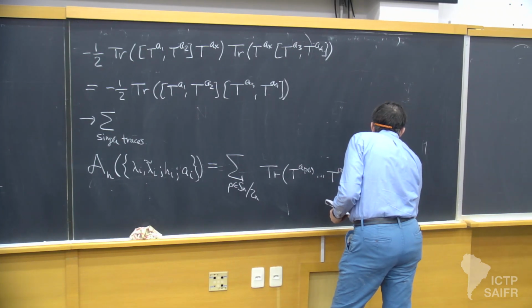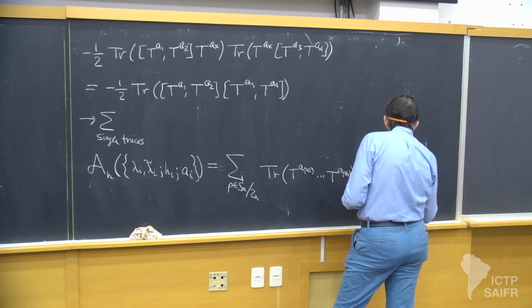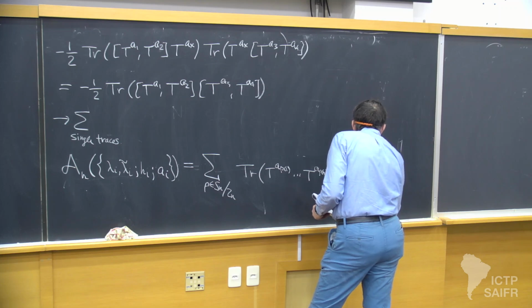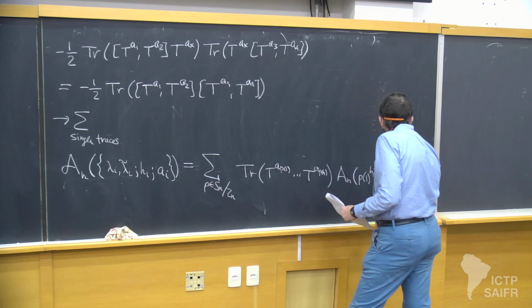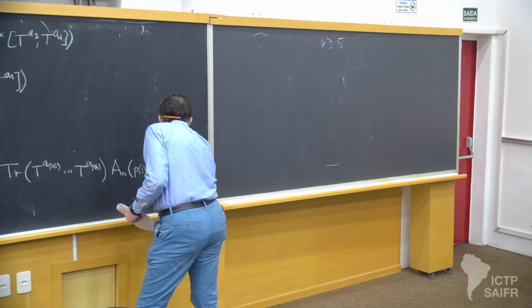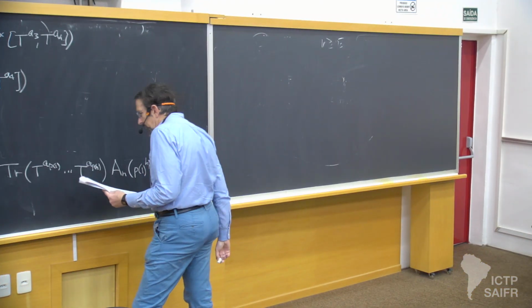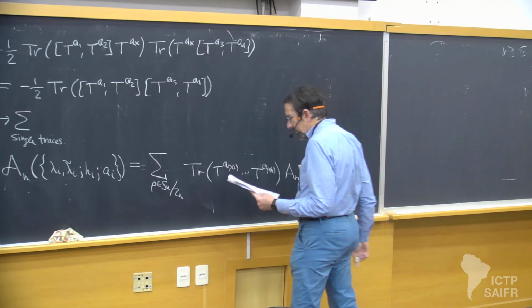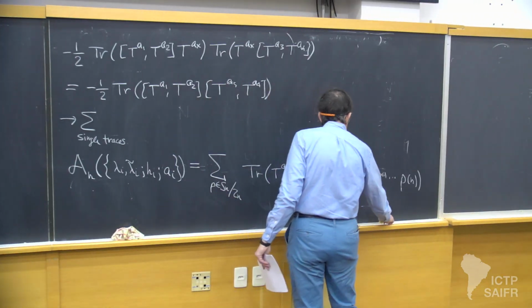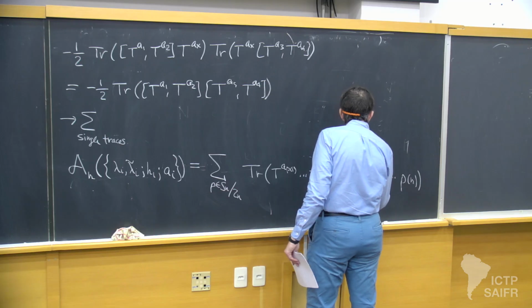And here I'm just going to write out the indices, the helicity index I'm leaving implicit over here. So this is our color-ordered amplitude.